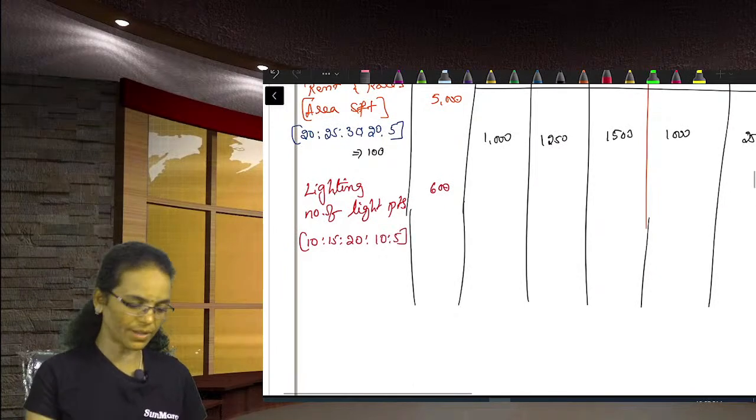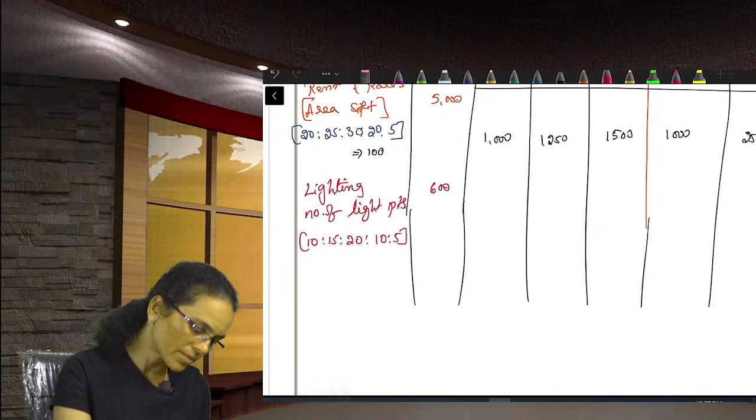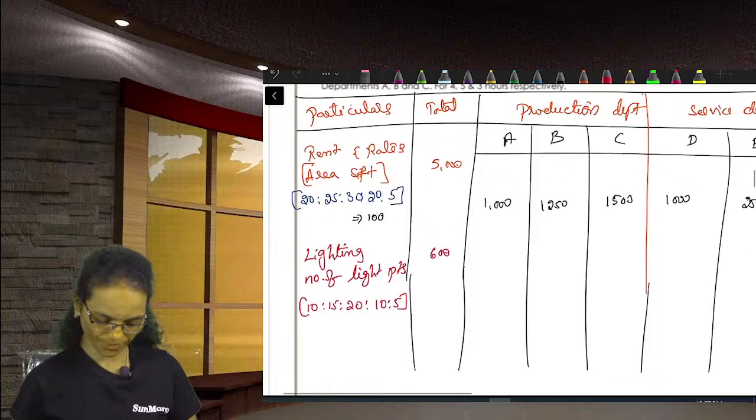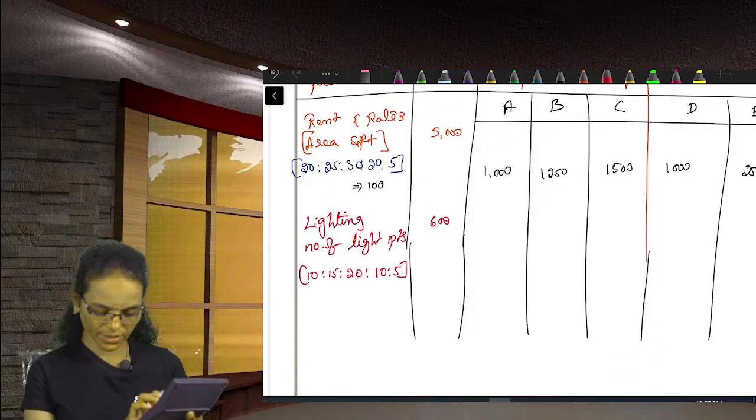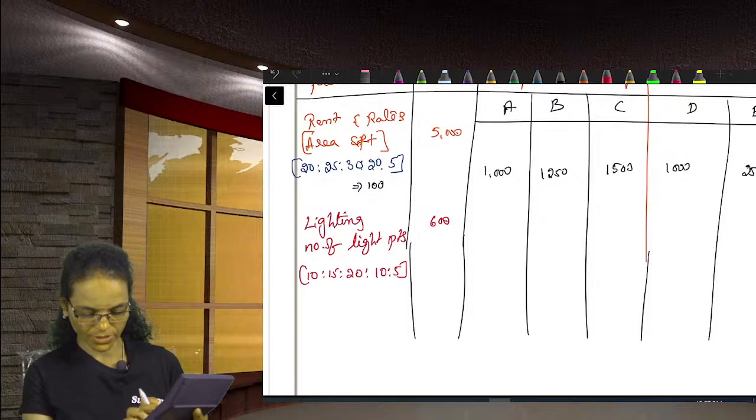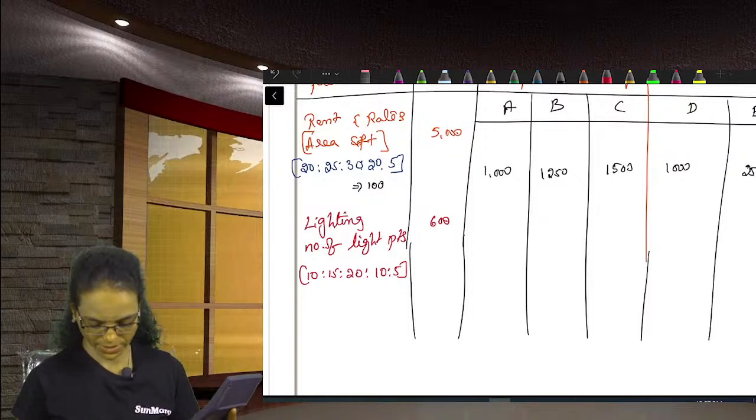Total: 10 plus 15 plus 20 plus 10 plus 5 is 60.